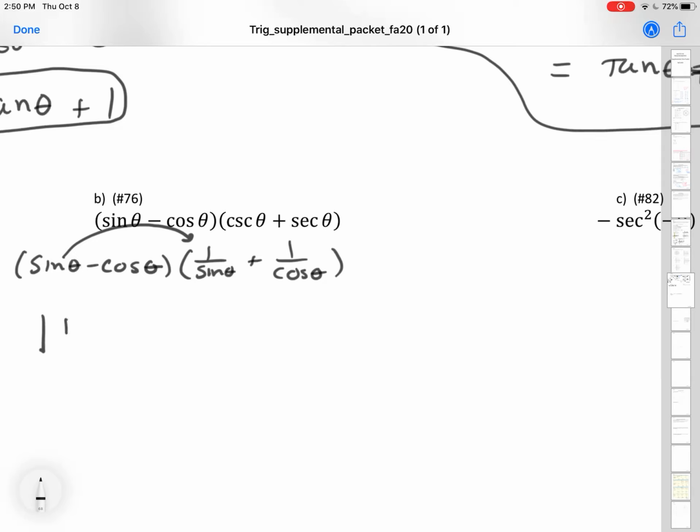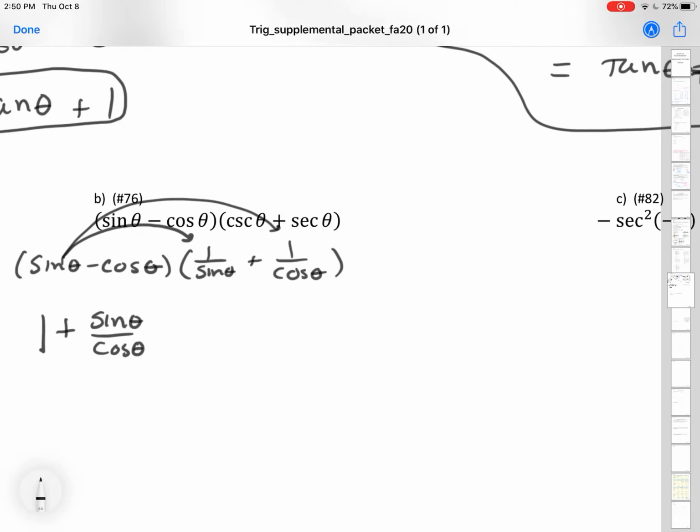That's where that 1 is coming from. Sine theta times 1 over cosine theta is sine theta over cosine theta. Just simple algebra. 1 times sine theta is my top number, and 1 times cosine theta is cosine theta, my bottom number.